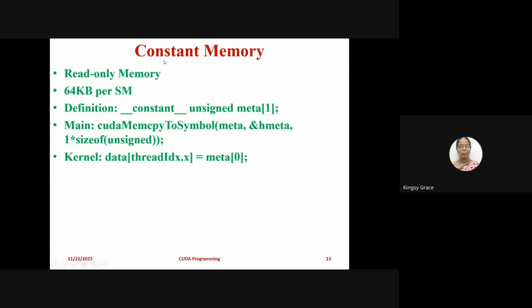Next is the constant memory. While seeing the memory model, we have seen all those things. The L1 is accessed by all the threads in the same block, and the L2 cache is accessed by different blocks.